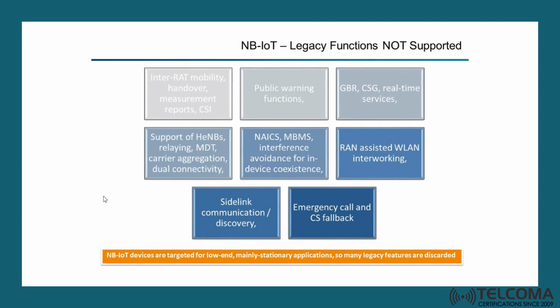Even handover is not supported because we expect the IoT UE is not mobile. Measurement report and CSI, even channel state information, are also not supported. Public warning functions are not supported. Real-time services such as voice over LTE or anything multimedia based are not supported. Hybrid NBs, relaying, MBT, carrier aggregation, dual connectivity, nothing is supported.